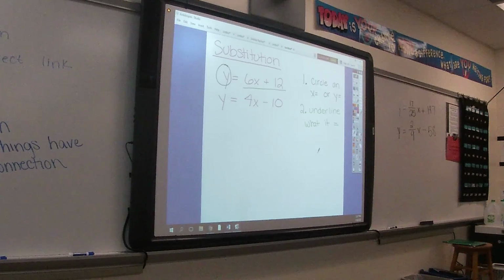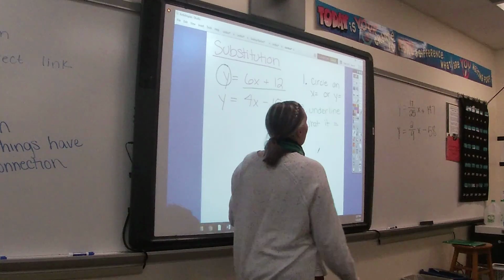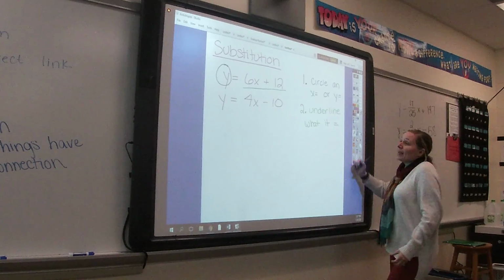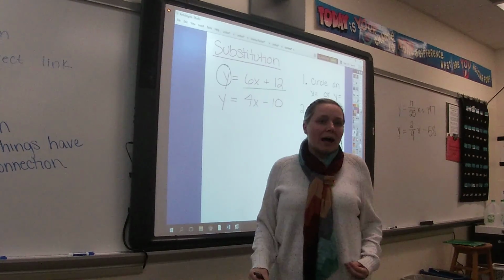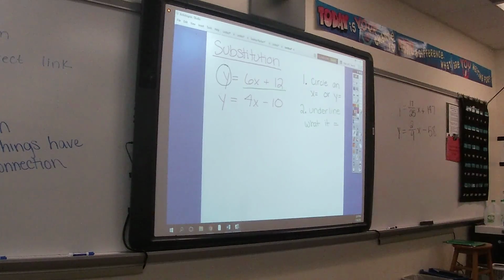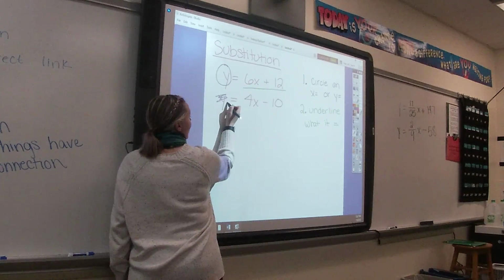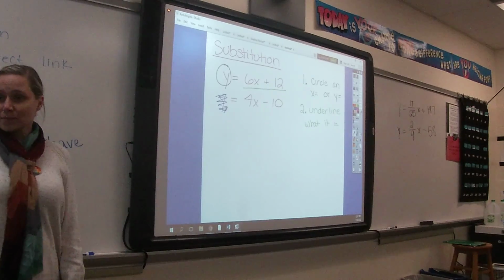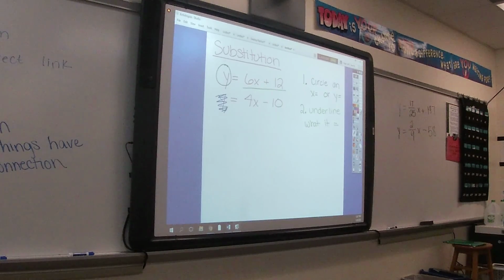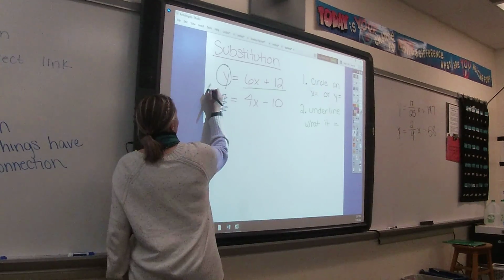It's telling us that they hold the same value. That allows us to say any place that I see a y, I can replace it with a new value. So anytime a recipe calls for butter, I can replace it with margarine. So anytime a function uses a y, I can get rid of the y and replace it with its new value.